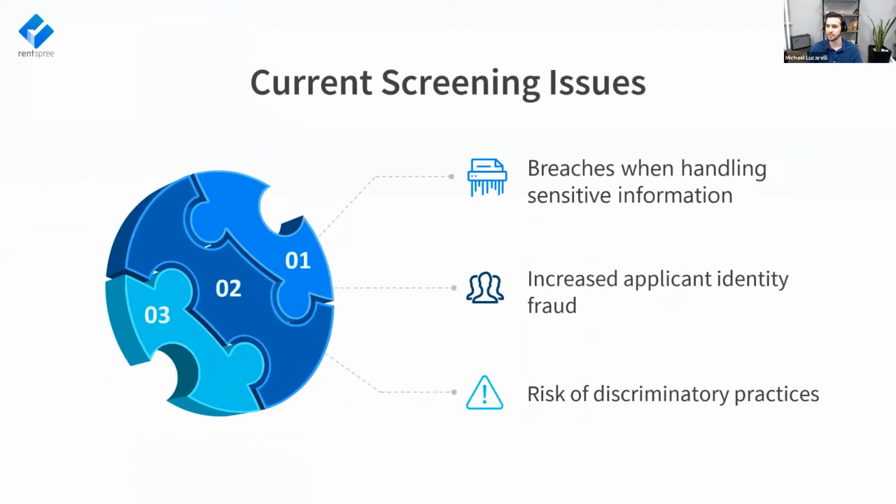And also to start, we're really seeing a lot of issues that are coming into play for a lot of agents that are screening. We're seeing breaches when handling sensitive information. I don't care whether you're a large company or a smaller individual that's just doing work for yourself as a realtor. No matter who you are, you really need to be aware of the sensitive information that you're handling.